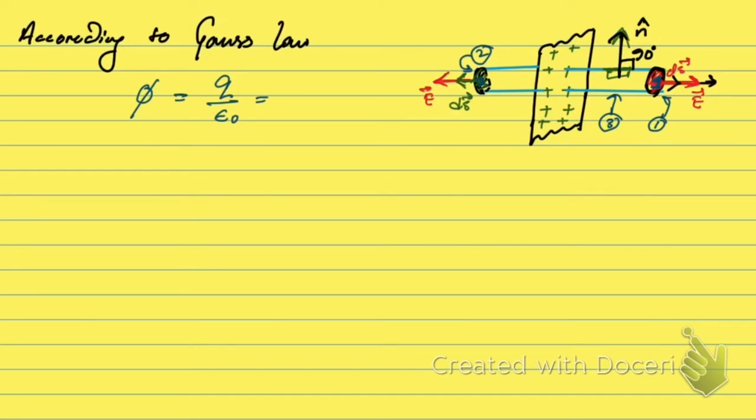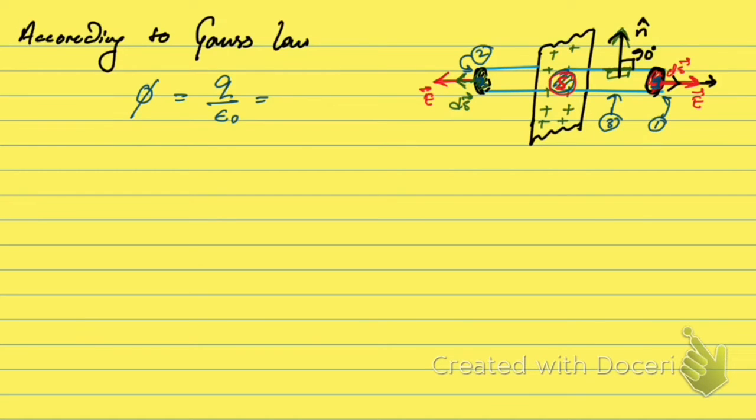And here the charge enclosed is, so here you see, if we consider S to be the area of cross section of this Gaussian surface, and the charge per unit area is sigma, then the charge enclosed by this Gaussian surface is the charge on this area, right?